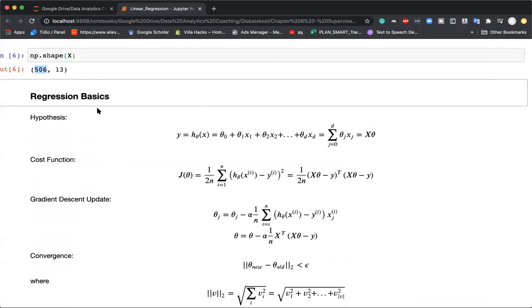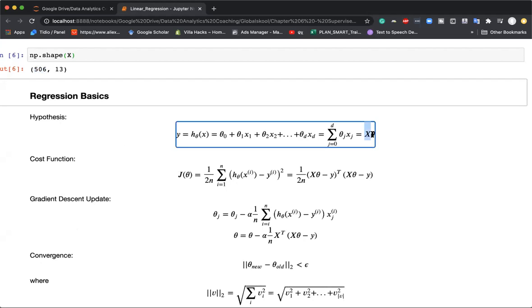Since we are going to implement this, I have written down the important functions here. There are 4 important functions that we need to implement: hypothesis, cost function, gradient descent update, and convergence. Our hypothesis looks like this: h_theta is theta_0 plus theta_1 x_1 and so on, which can be evaluated by the summation.